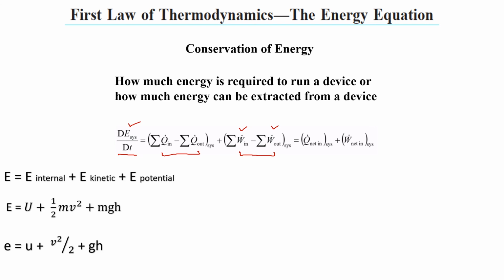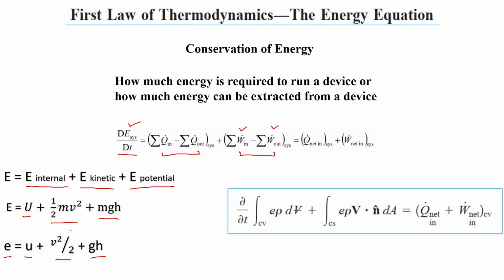The total energy was equal to the internal energy plus the kinetic energy plus the potential energy, and these are the terms that we use to represent the different types of energy. Then we divide these three types of energy by their mass, so that gives us the specific internal energy, the specific kinetic energy, and the specific potential energy.